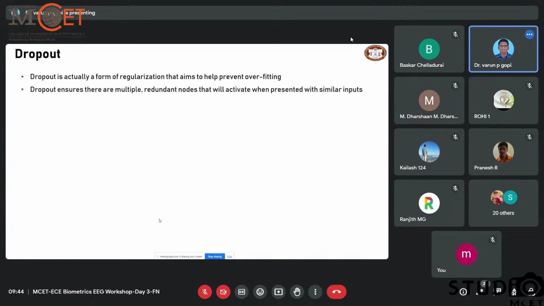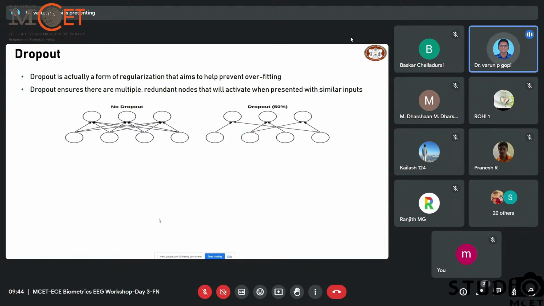Next is dropout. When you consider a fully connected network, as I said earlier, since the name suggests fully connected, all nodes have connections to other nodes. So this means there is no dropout. A dropout of 50% means, let's say for example, you have 12 connections and all are connected together; a dropout of 50% means it will take only 6 connections, and those will be the useful connections only.